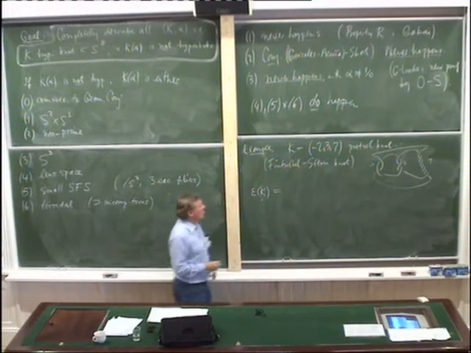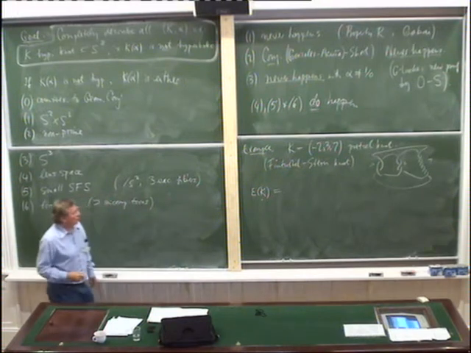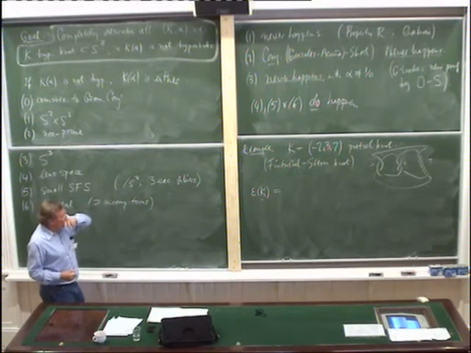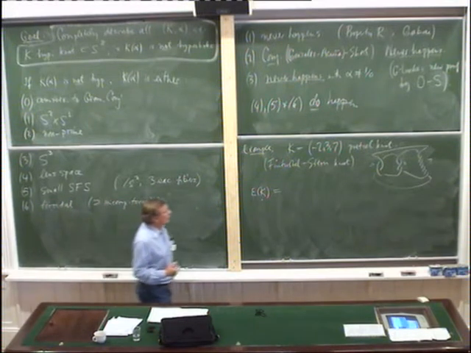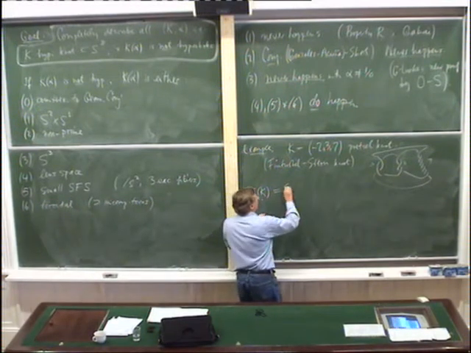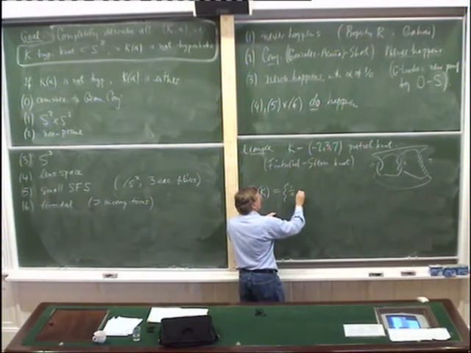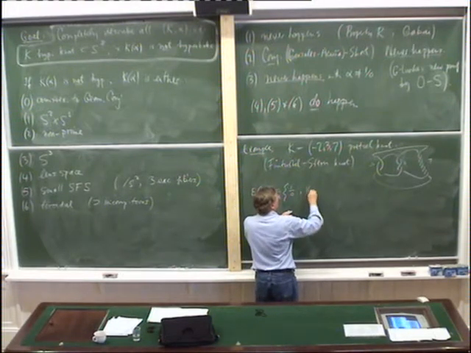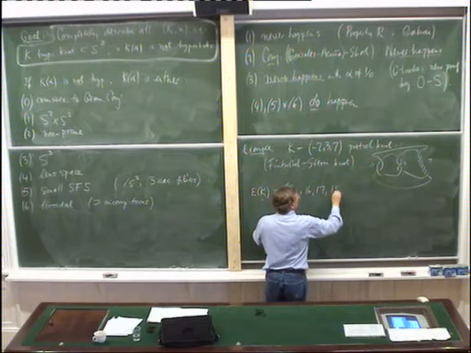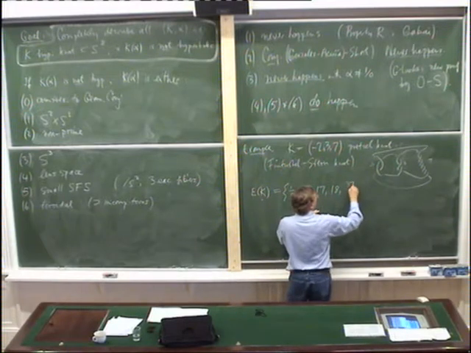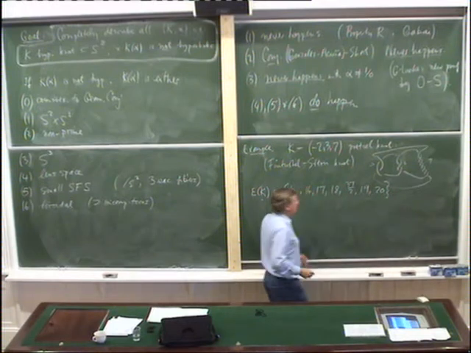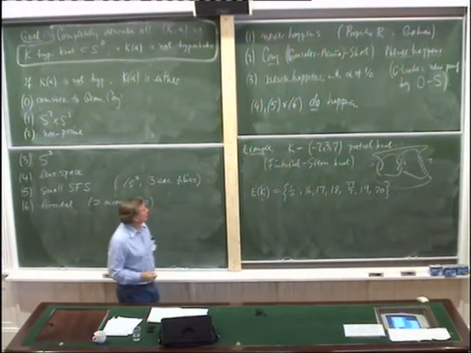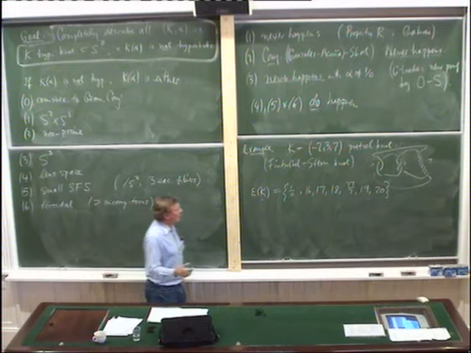The exceptional slopes for this knot, in other words, the surgery slopes that give you non-hyperbolic manifolds, are precisely, well, of course, there's always 1 over 0. The others are 16, 17, 18, 18 and a half, 19, and 20. I always think there's a nice bit of numerology here.